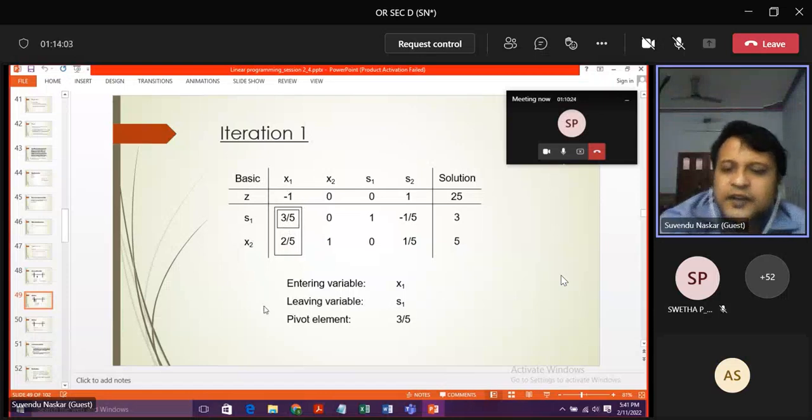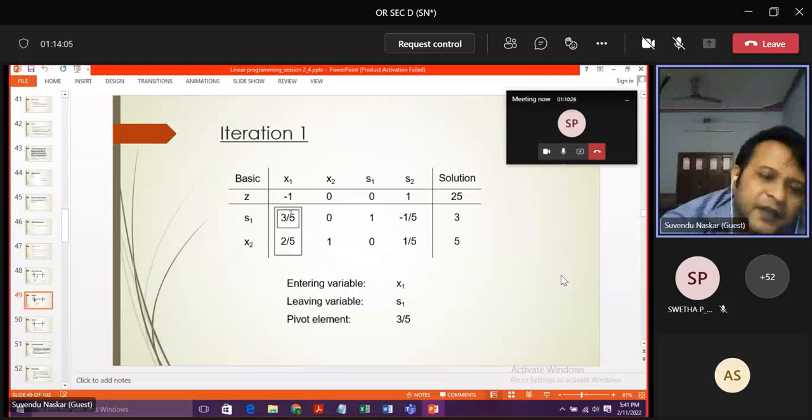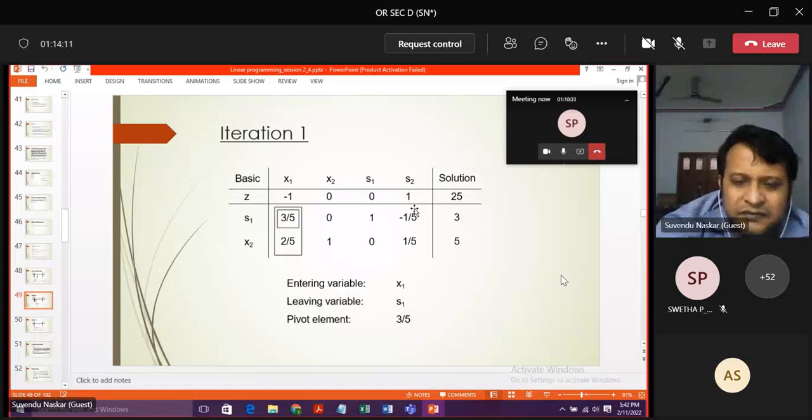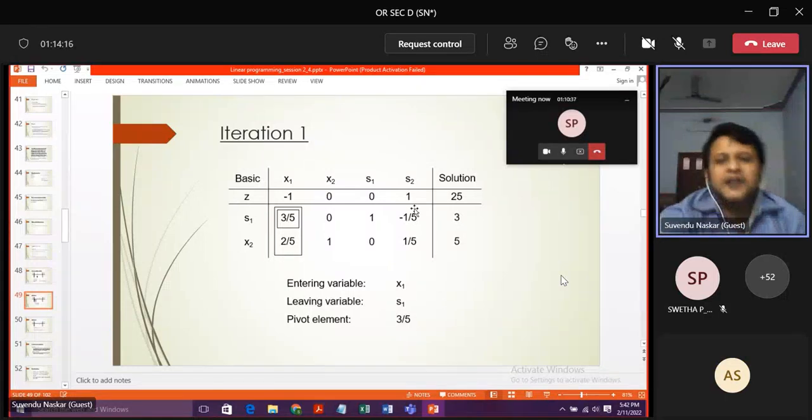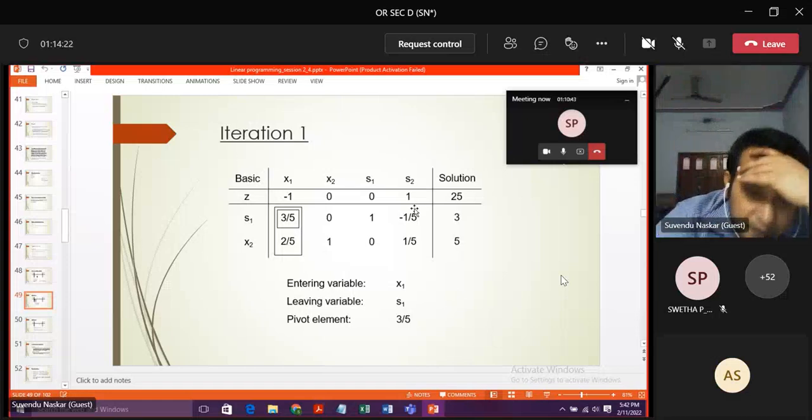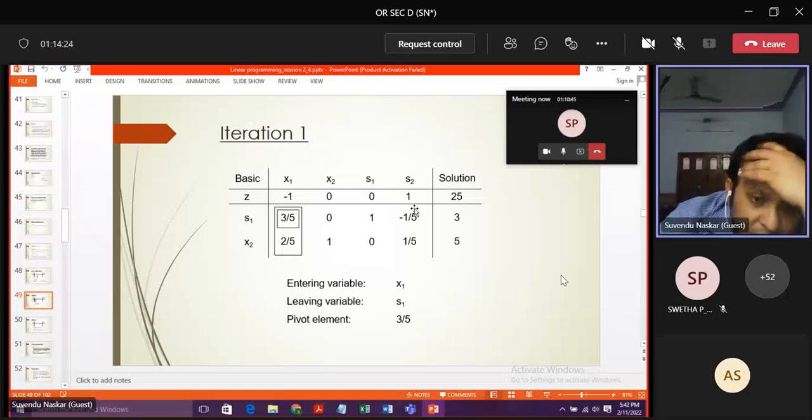Anybody who is not comfortable can tell me how I can make it 1? This row. It's plain matrix formation, or basically working with equations. Somebody please tell me the set of operations I need to do to make it 1 and the rest all 0.